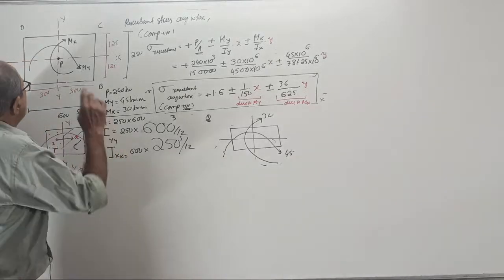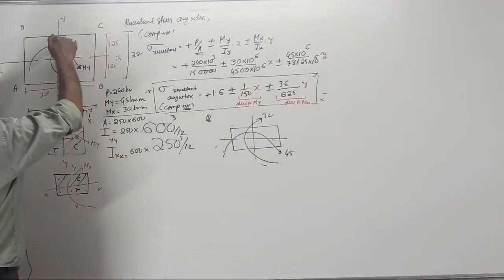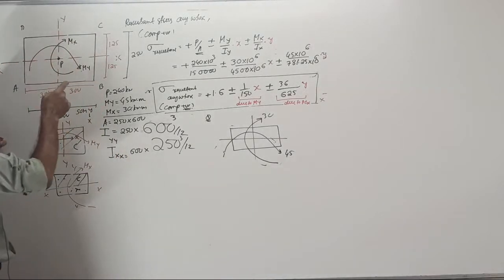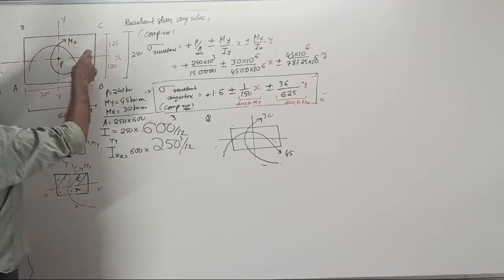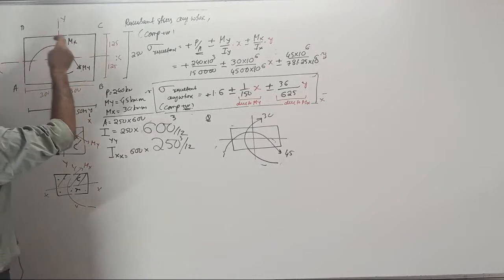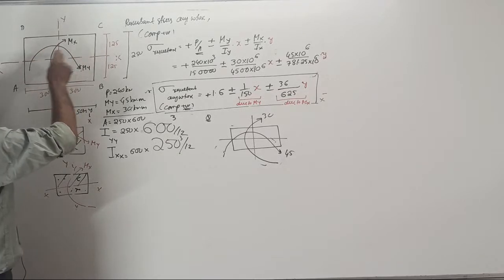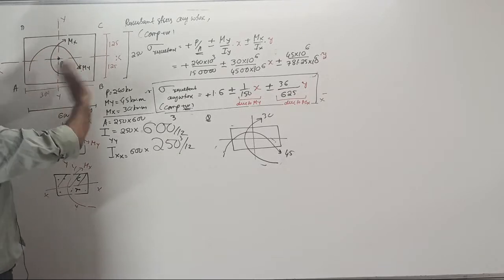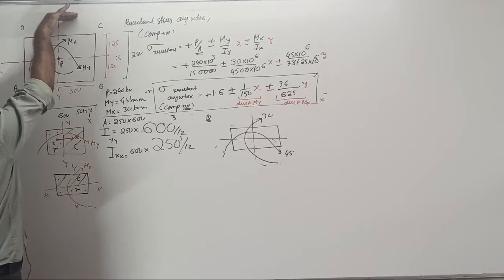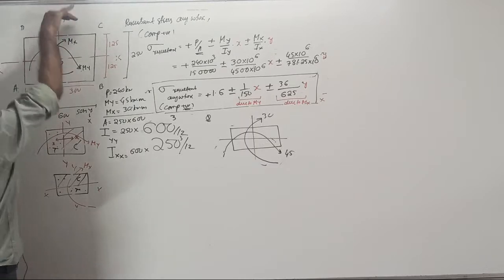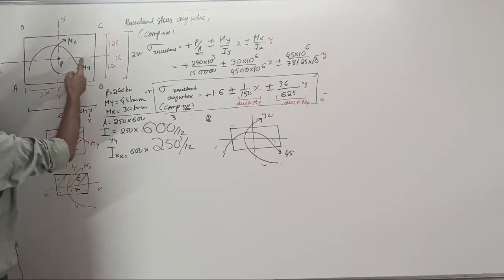Then we also got stresses at 4 points which lie on the axis, 2 points which lie on the x-axis. The points on the x-axis have no effect of moment Mx. Why? For Mx, when you measure y this way, y becomes 0.